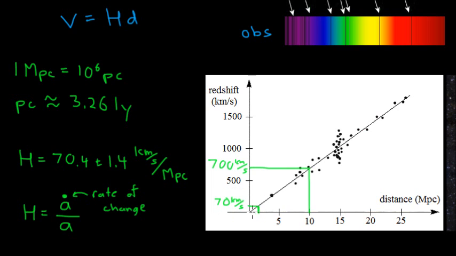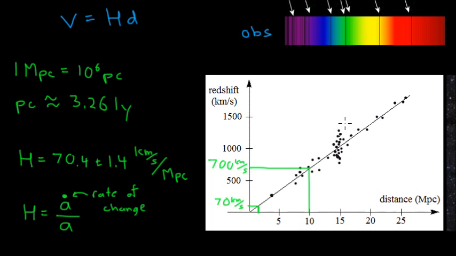So when we're looking at objects that are very close to us, even at 1 megaparsec, where we're saying it's moving at 70 kilometers per second, compared to other astrophysical motions, that's not really that fast. It's only when we get significantly farther away into the tens and hundreds of megaparsecs that we really get very fast velocities due to the expansion of the universe.